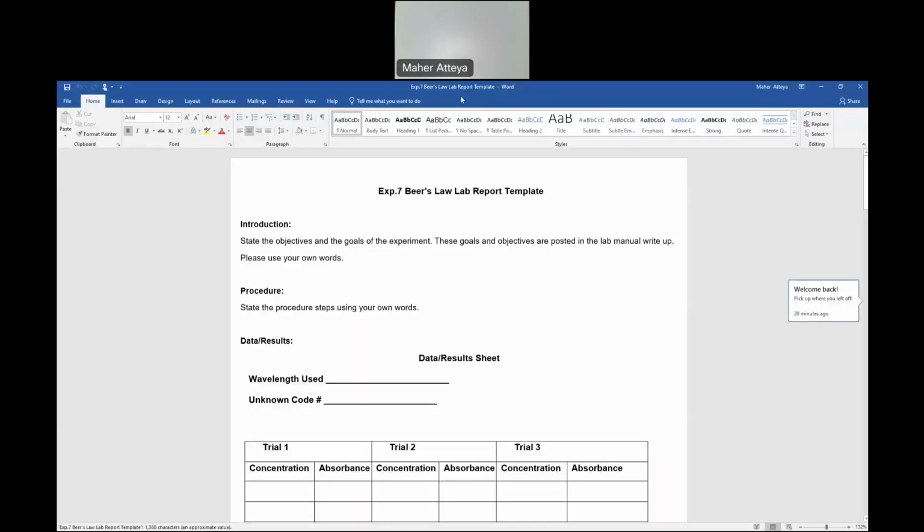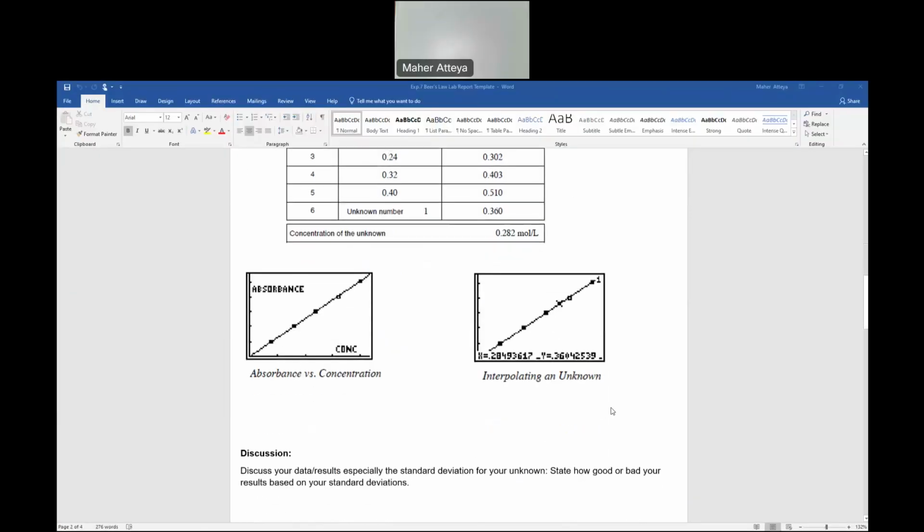Excel will be looking like this. You see here the absorbance. The absorbance has to go through 0: 0 absorbance, 0 concentration.